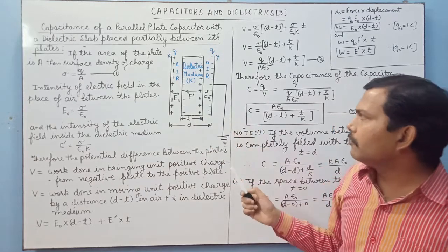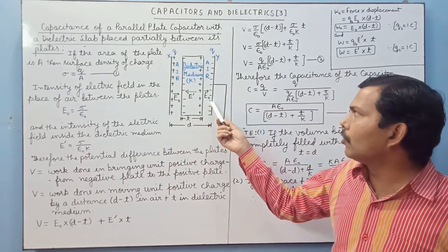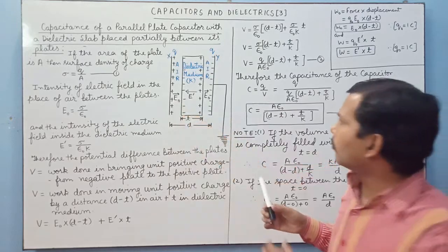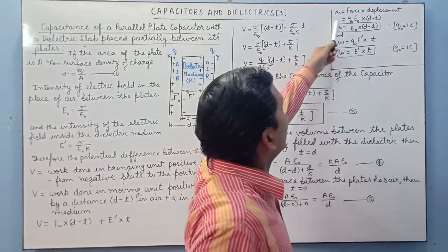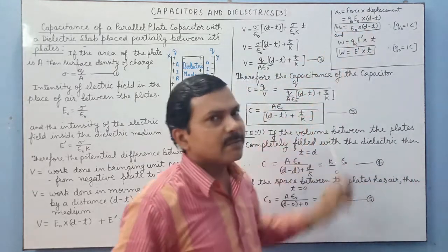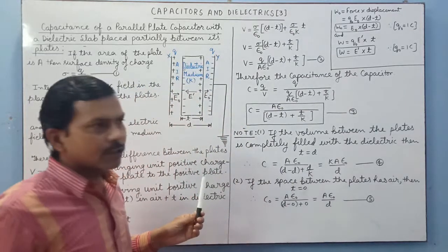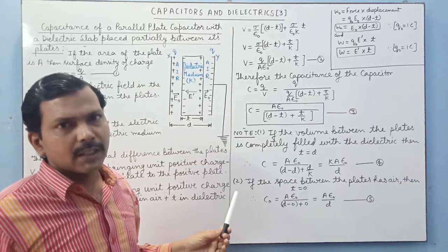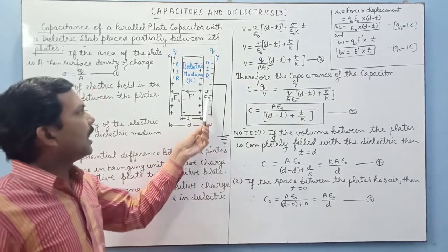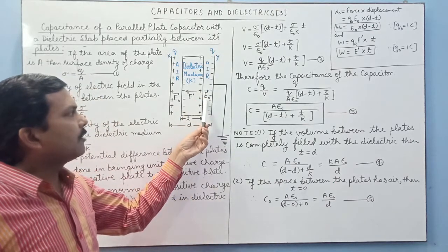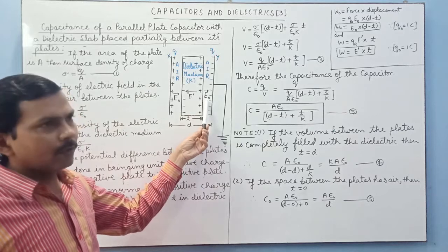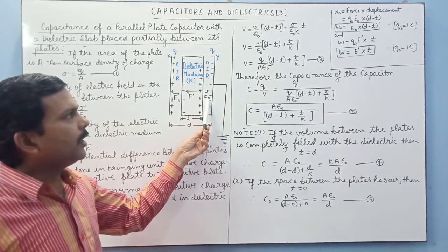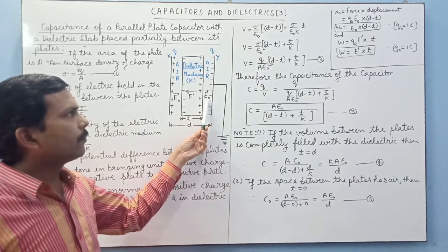Now we calculate the work done in moving this charge Q0 in air. Work done is equal to force into displacement. The force on a charge in any electric field is QE. Here in the region of air, the electric field is E0, so the force acting on the charge will be Q0 E0.